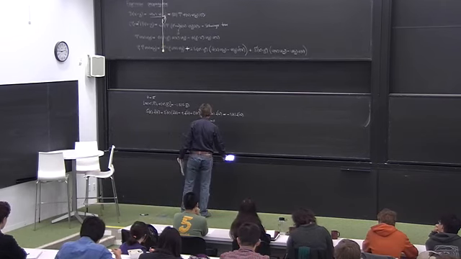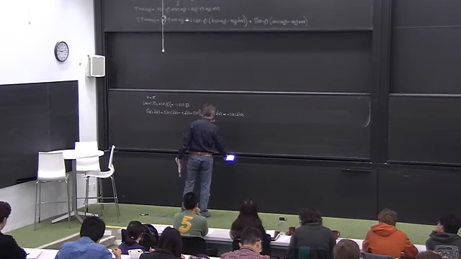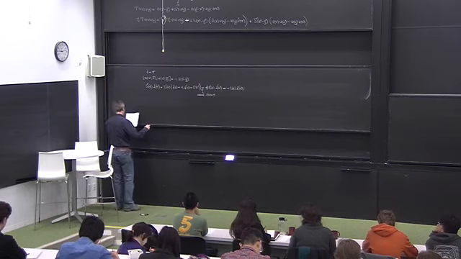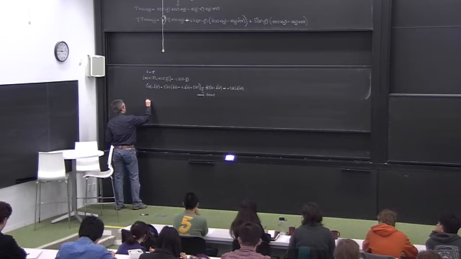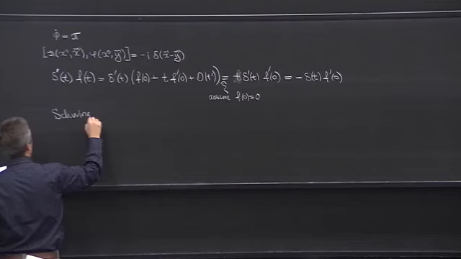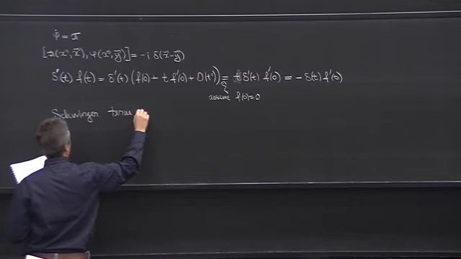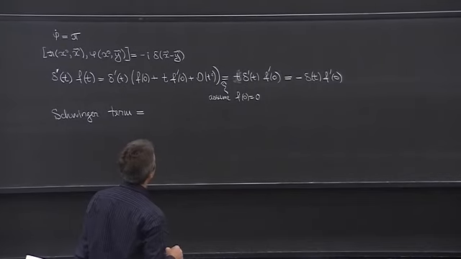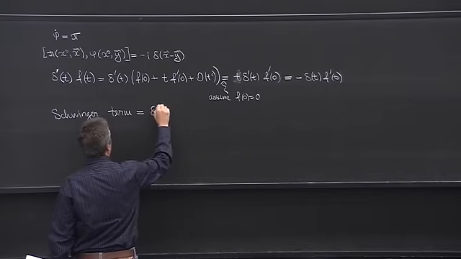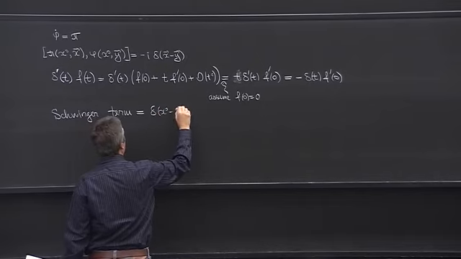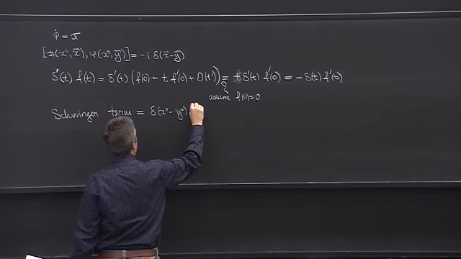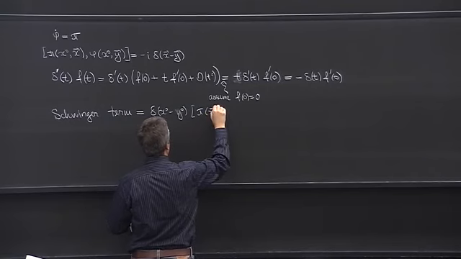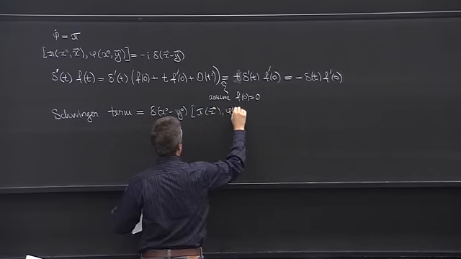So finally, the result of this computation is that the Schwinger term is equal to what? It's equal to delta of x0 minus y0 times the commutator of phi of x with phi of y.